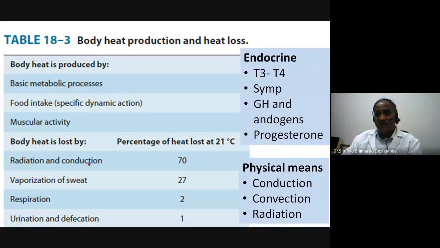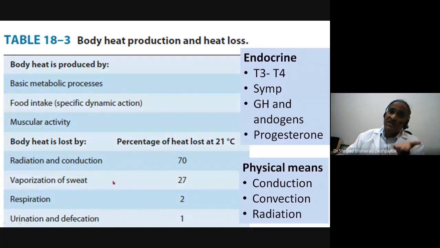In a normal domesticated person, staying at home, we will lose heat by these physical processes, radiation or conduction. And we will lose heat by the sweating mechanism.